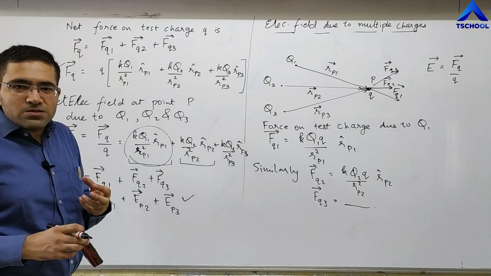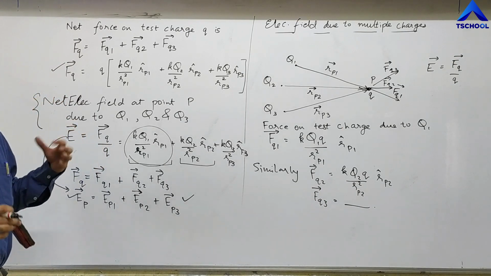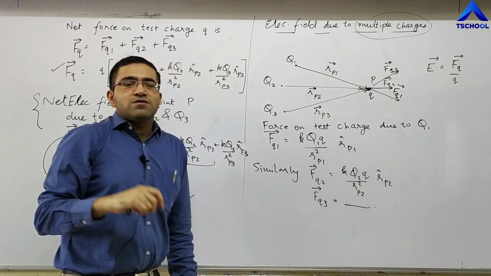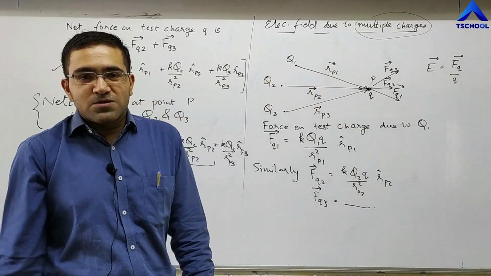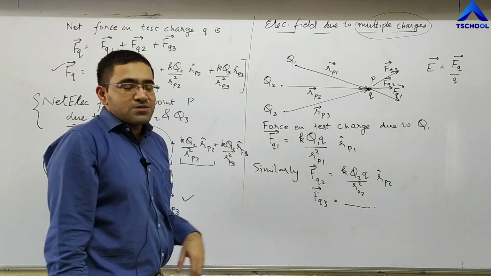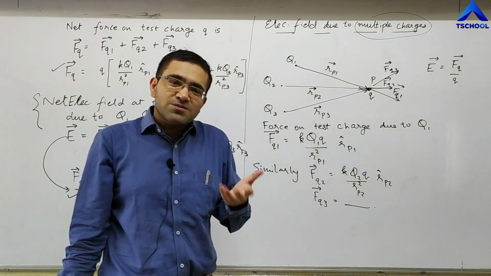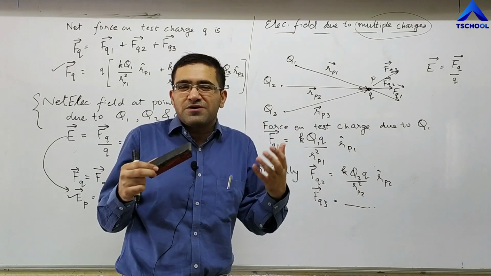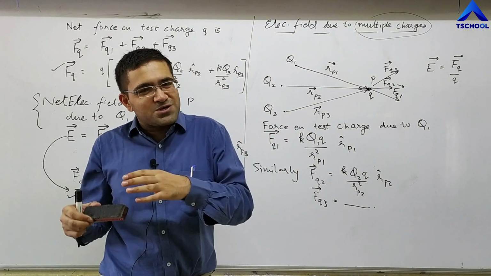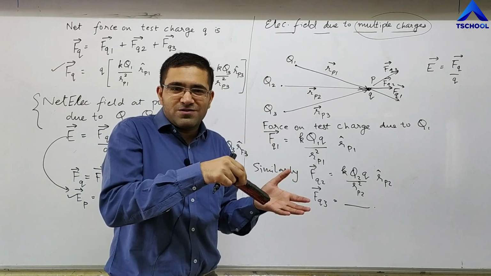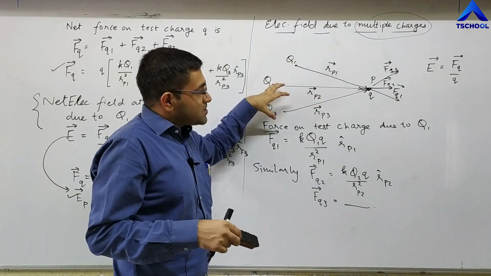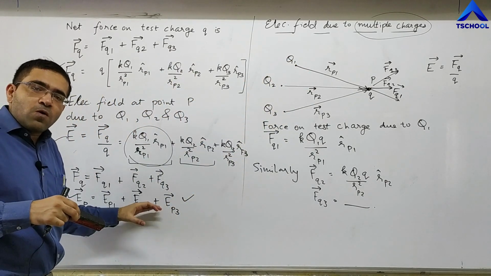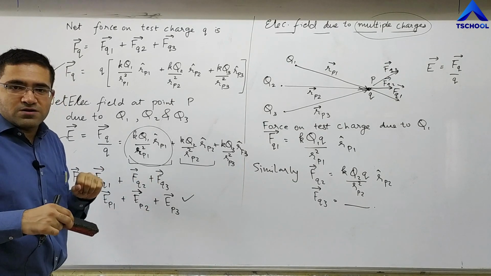So when there are multiple charges, that's the topic we are having up here, electric field due to multiple charges, each charge just does its own job. It doesn't bother, there's really no interference. Basically, the presence of another charge doesn't affect this charge. So this is actually the superposition principle for the electric field, right?